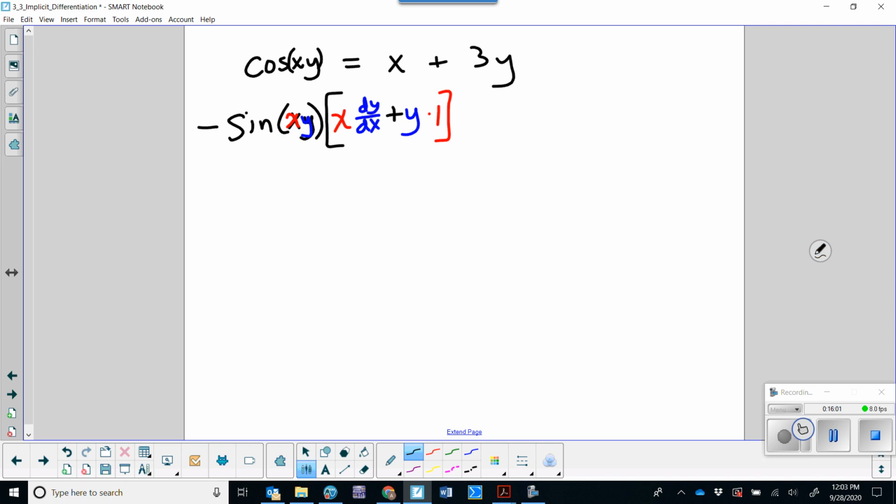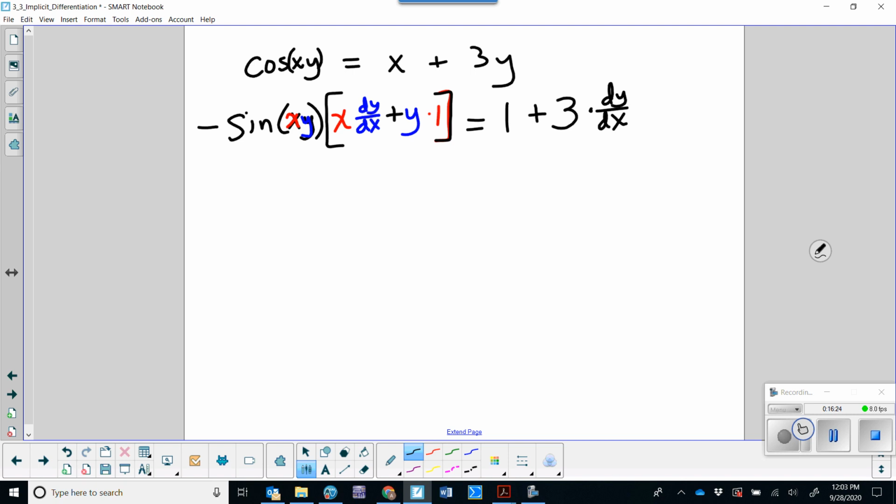So it's still going to be 1 even though it's implicit because it's with respect to x, okay? So we have that. Then on the right we have the derivative of x, which is 1, plus the derivative of 3y, which is 3, but since y is not x, we have to do times dy dx.